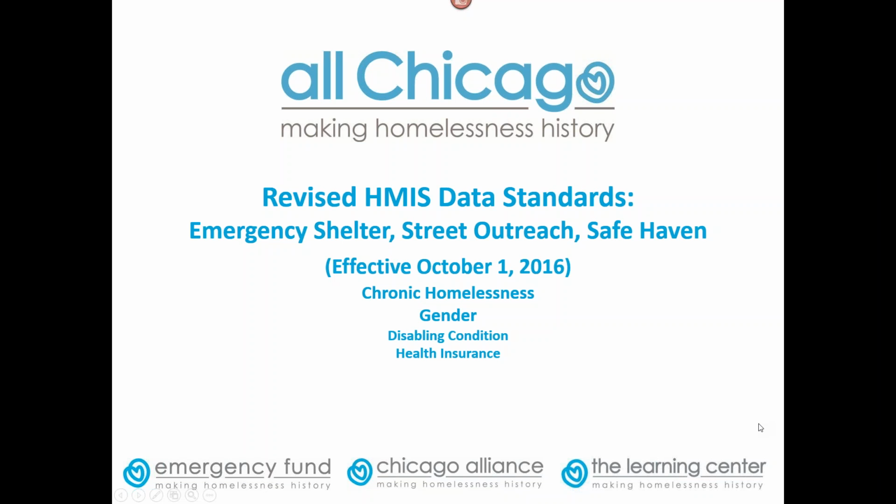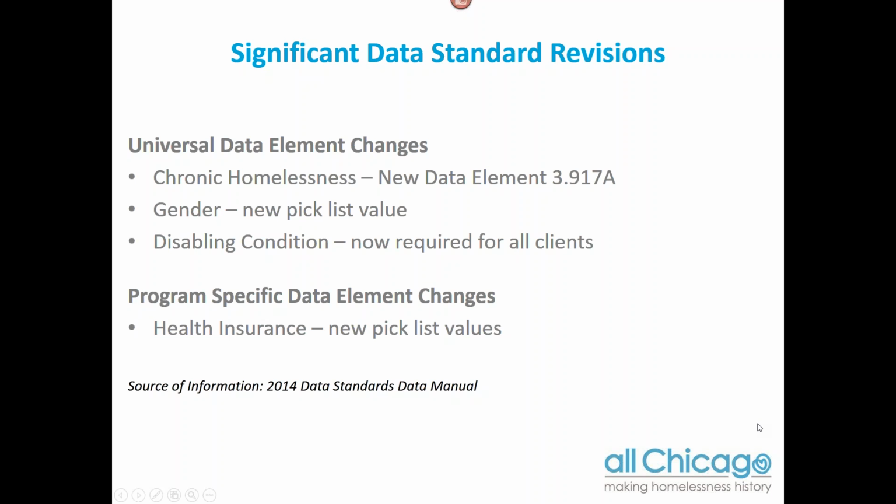So let's look a little bit more at what we're going to talk about. We're going to talk about the difference between the changes in our universal data elements and those that are considered program-specific data elements. These are changes that come straight from the HMIS data standards, specifically the data manual. That's a document that's available online that's provided to us by the federal government.